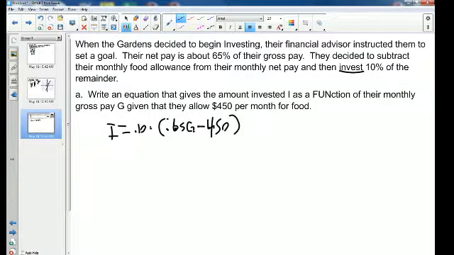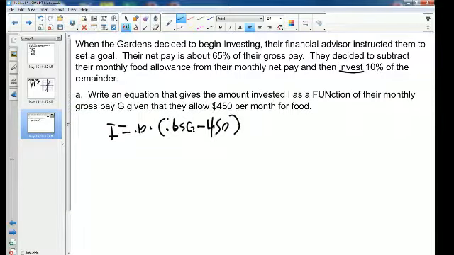And this models the monthly investment with the given conditions, and you can use the inverse to find how much their gross pay is depending on how much they put in for an investment.